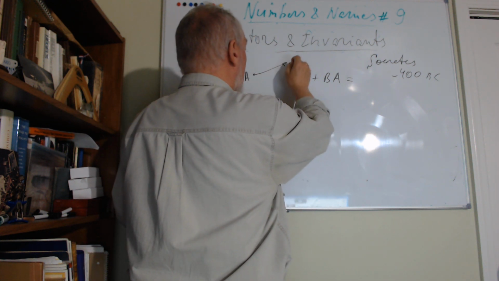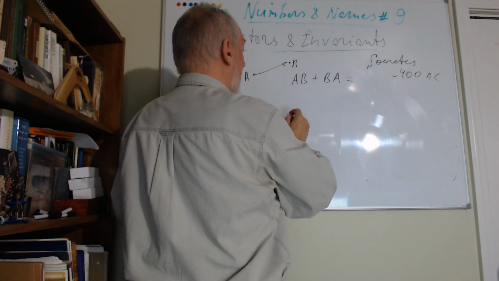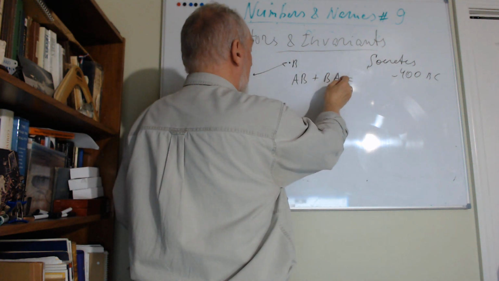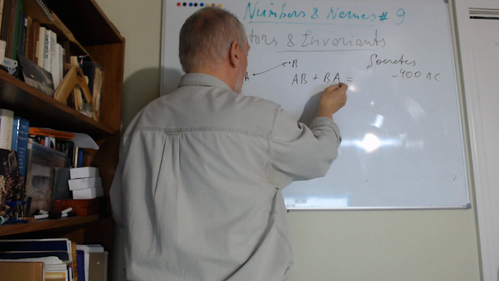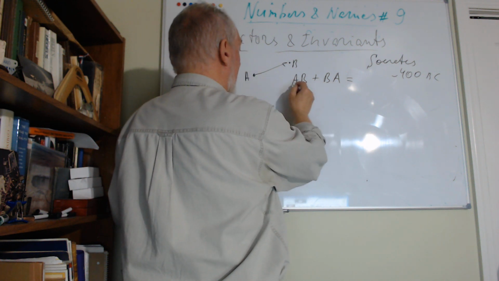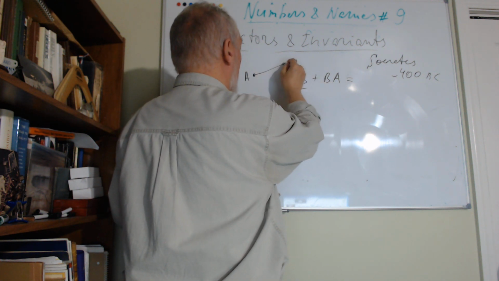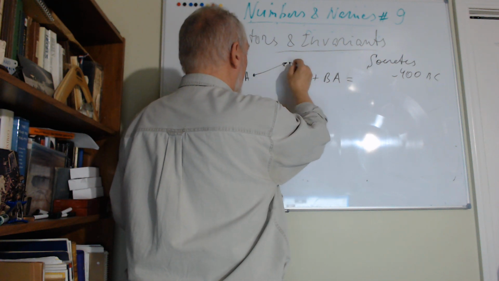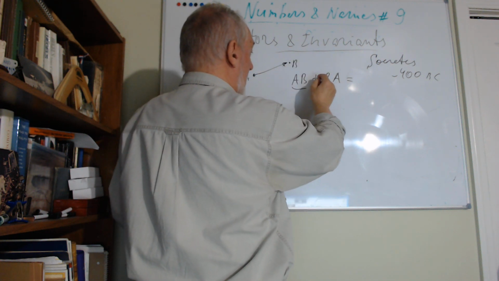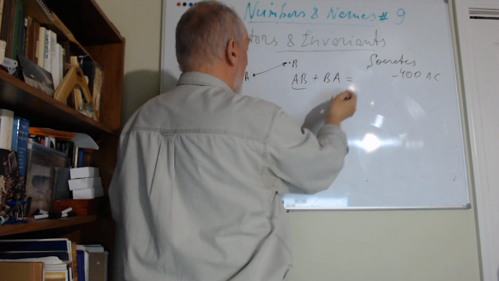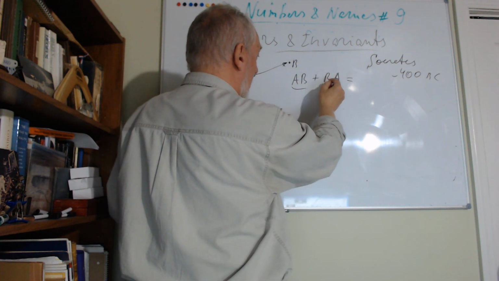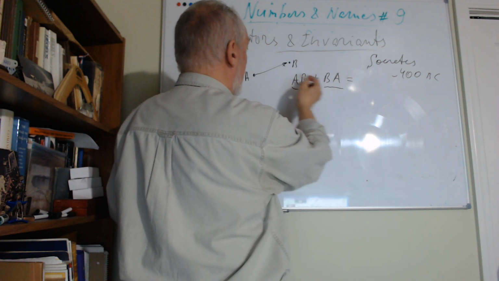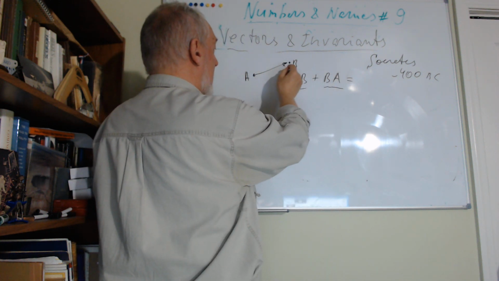A transforms to B. The first thing is A transformed into B, so we go this way. Now, plus means that we continue. Remember the triangle? We should continue from here with that vector. But this vector is totally opposite to this. It's BA. So it goes like this.